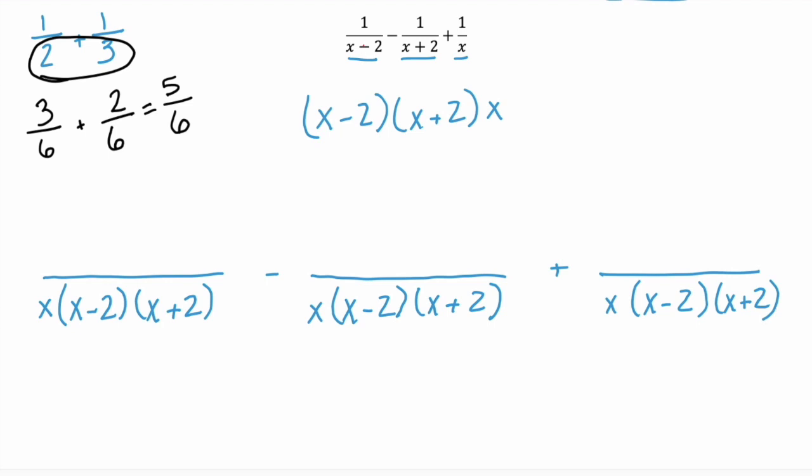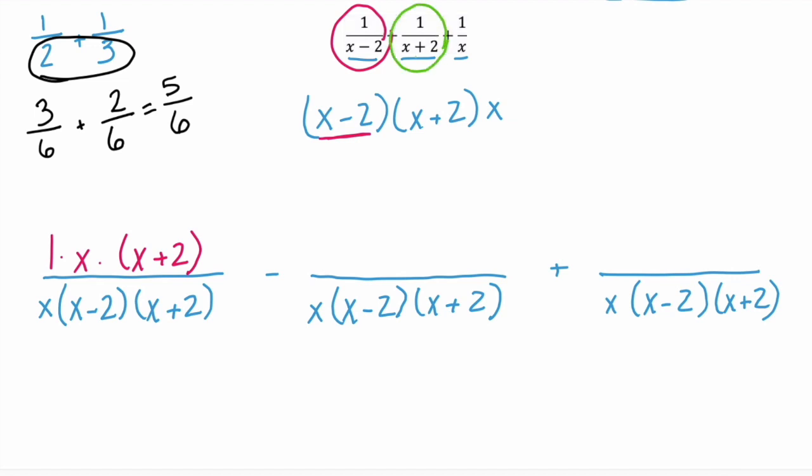If I go back to my first fraction, it started with a denominator of x minus 2. So what it was missing was the x plus 2 times the x. That means I have to multiply my numerator, 1, by that x and that x plus 2. And then we go on to the second fraction.